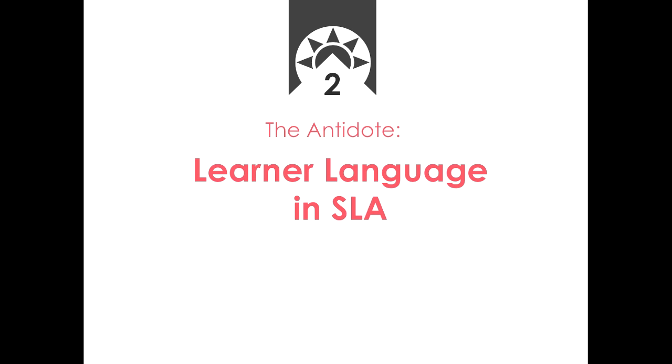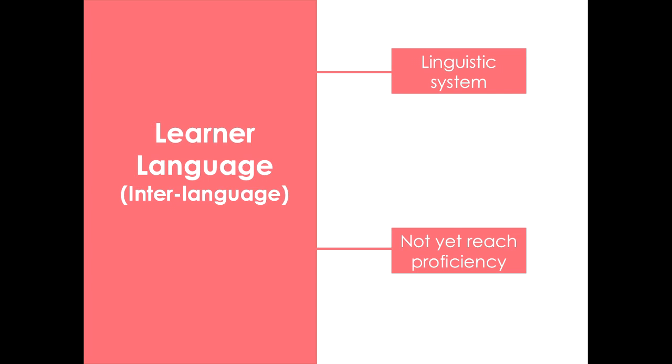Part 2. Luckily, we have the antidote for such a situation. But why is the antidote the antidote? Learner language and interlanguage are two terms sometimes used interchangeably. I regard them as the same concept in this presentation. Learner language is a dynamic, rule-based linguistic system that has been developed by an L2 learner who hasn't yet reached proficiency.